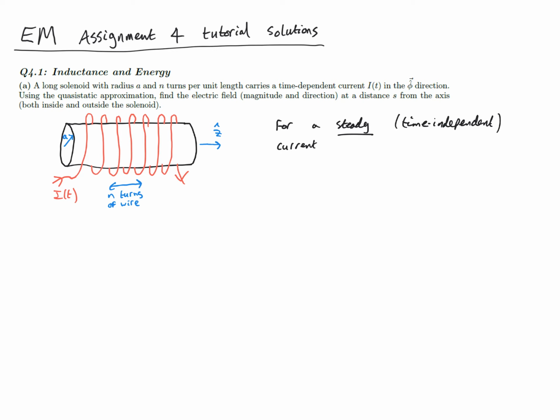So for a steady time-independent current, let's call it I0, Ampere's law tells us that the magnetic field at a position r and as a function of the current I0, when applied to the solenoid, gives us this classic result.